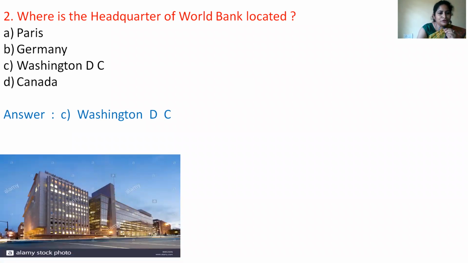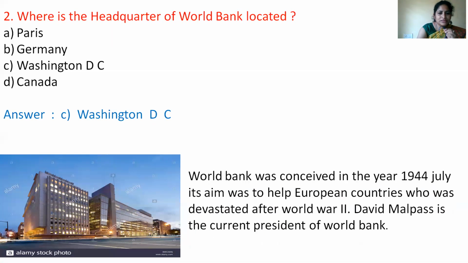This is the picture of World Bank located in Washington. World Bank was conceived or started in July 1944. And the aim of the World Bank, or why it started, is that after the Second World War, European countries were devastated completely.